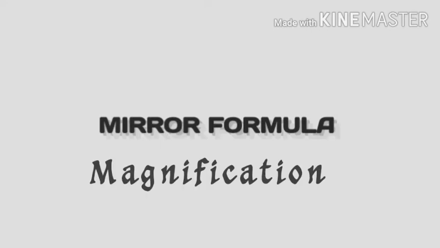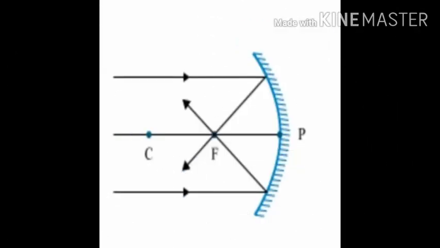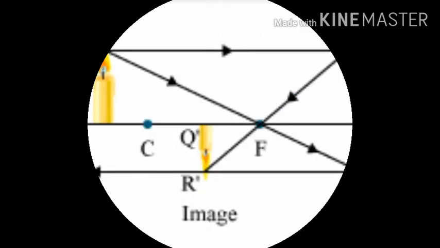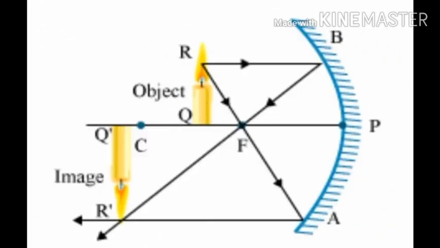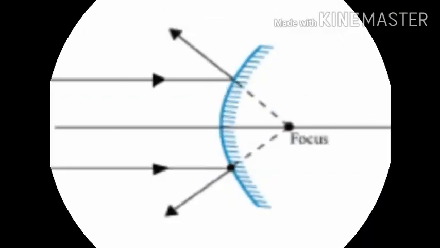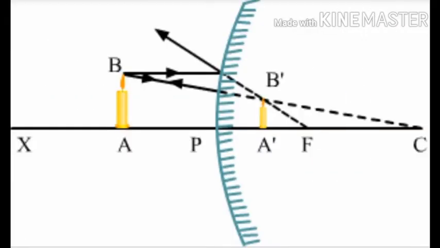Welcome back, students. In this section, we are discussing the mirror formula and magnification of spherical mirrors. For any spherical mirror, whether it is a concave mirror or a convex mirror, in order to obtain an image, we have to consider an object in front of that mirror.